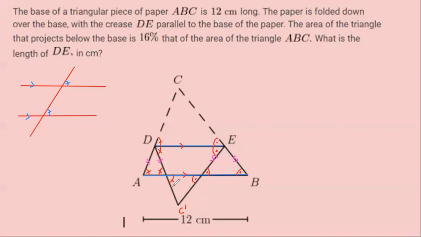And without really saying that, we can already see that this angle is the same as angle A, and this angle is the same as angle B. So this small triangle right here and ABC are similar because they already have two pairs of angles that are congruent to each other, and angle C and angle C prime are also the same, so they have three equal angles. Which is really nice.